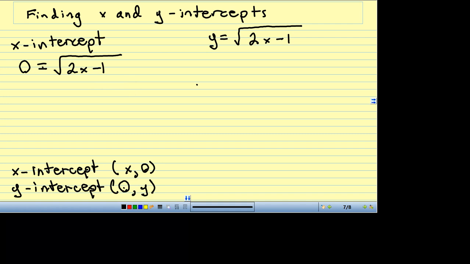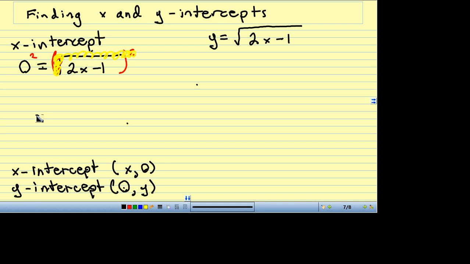And now just solve for x. Okay, not a problem. I can do it. I got to get rid of a square root first. How do I get rid of a square root? Square it. And then when I square everything, the square root and the square cancels out.